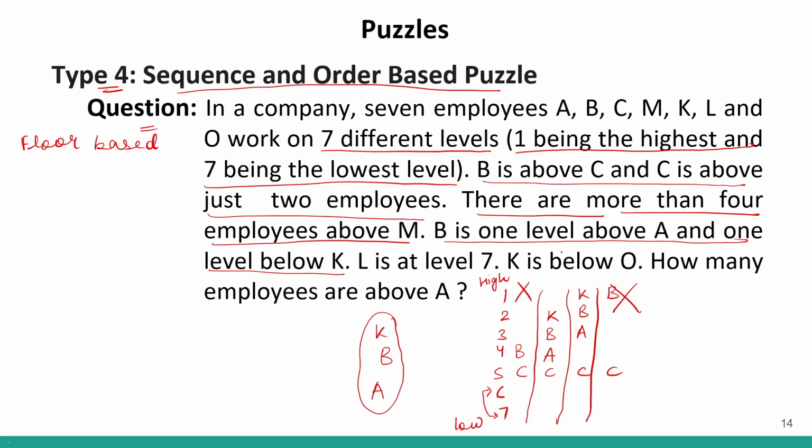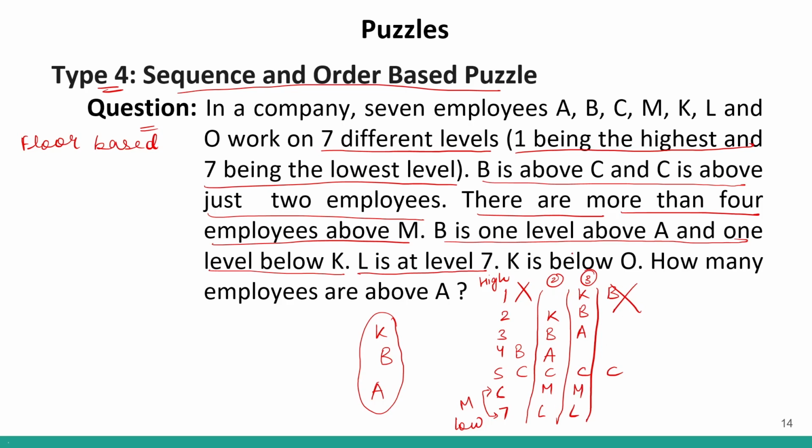Clear? So up till now, based on the data, this is the arrangement. Between 6 and 7, we can have M anywhere. It is given to us L is at level 7. So if L is at level 7, I am taking possibility 2 and 3 because we eliminated possibility number 1 and 4. So the only level remaining for M is over here.